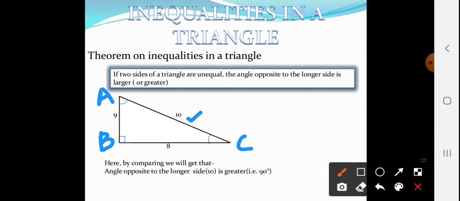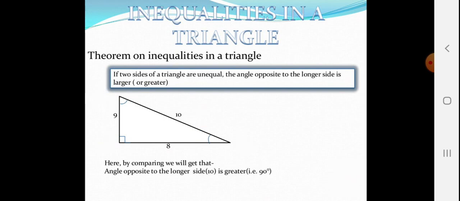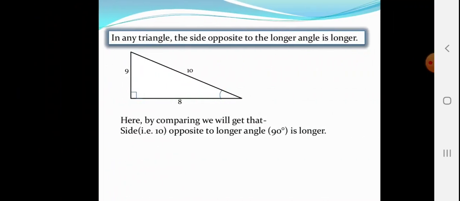So which angle is opposite to the longest side AC? That is angle B. So that must be the greatest angle among angle A, B and angle C. So by comparing we will get that the angle opposite to the longer side, that is 10, is greater, and I can see that angle B is a right angle. So it is the greatest amongst all.